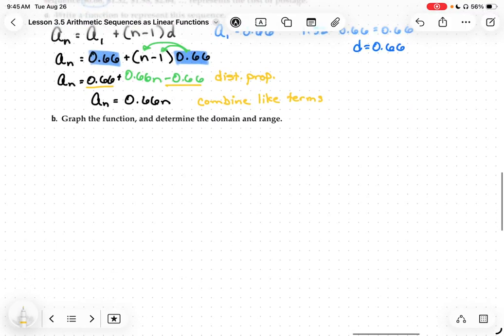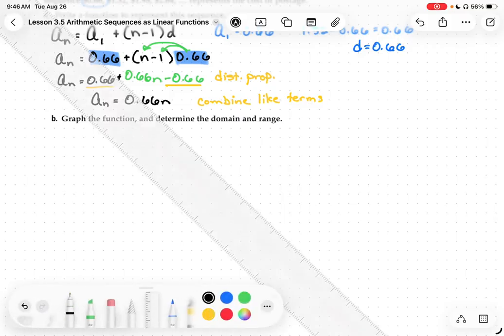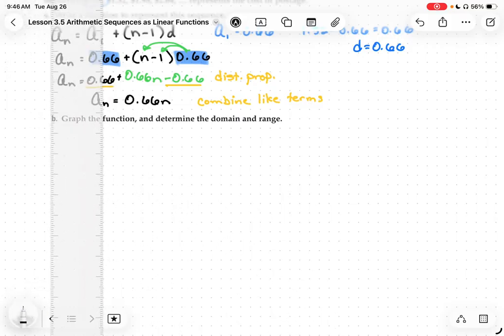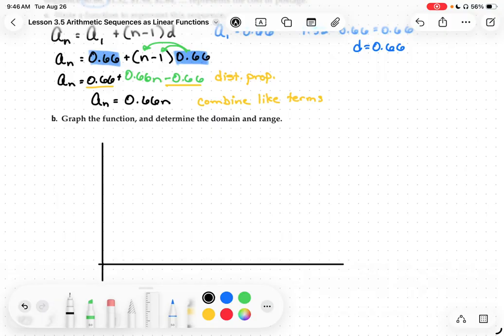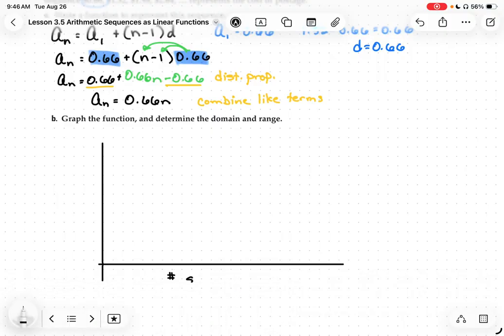Okay, let's go ahead and graph it. So we're going to do a sketch here. Our independent variable is going to be number of stamps, and our dependent variable is going to be cost of postage. So we only need the first quadrant because we're not going to have negative cost or negative number of stamps.